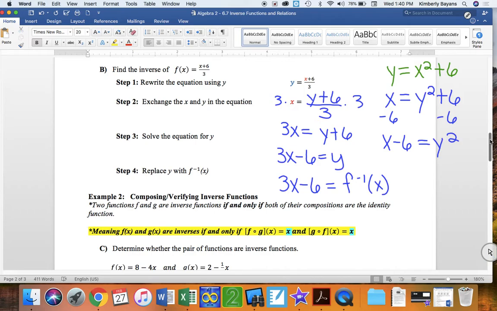So from here, how do I actually solve for y? Well, I take the square root. So I get y equals the square root of x minus 6. That would be the inverse of this problem right here. We won't talk about it being a function or not, but I think it could be a function because the x is not squared. Okay? All right.